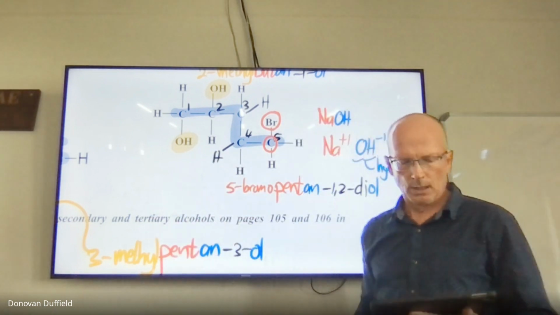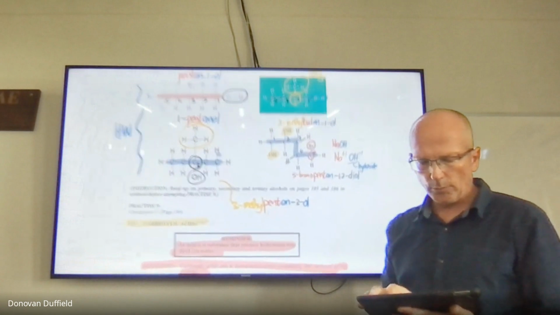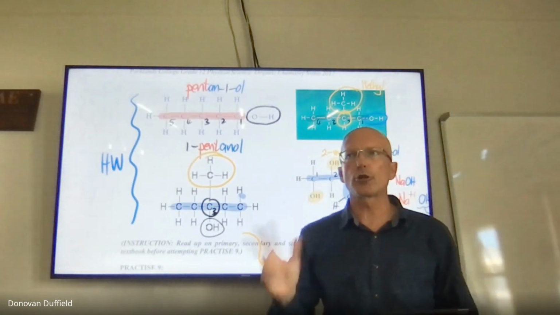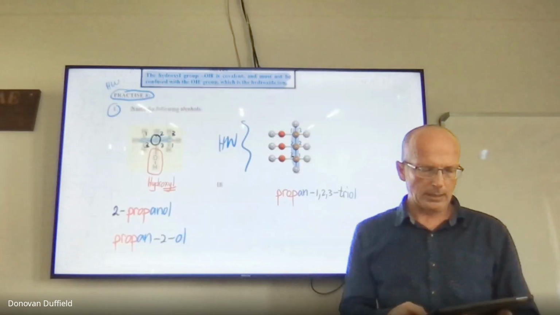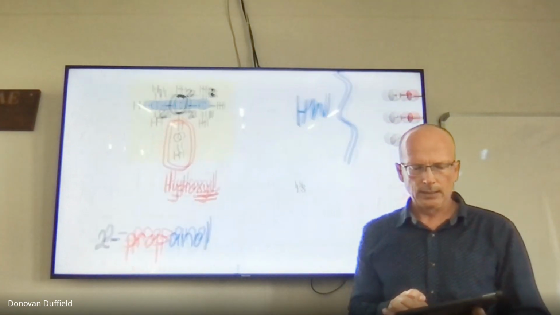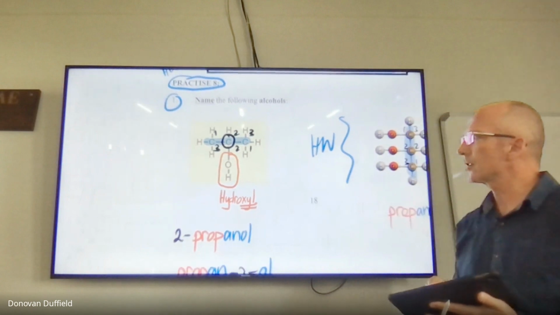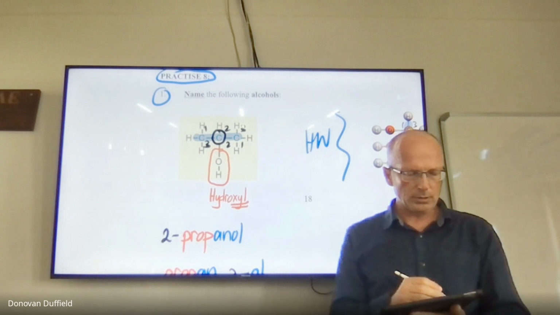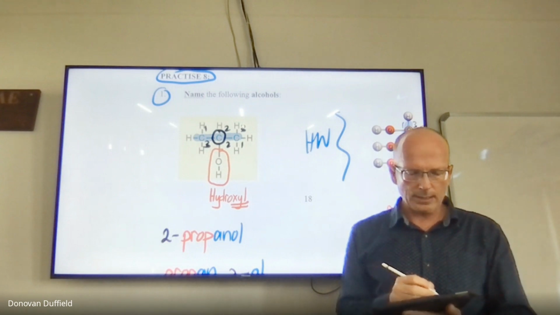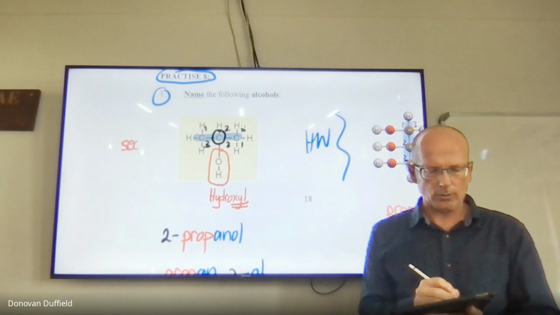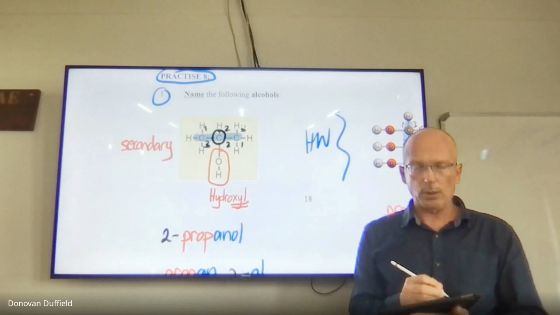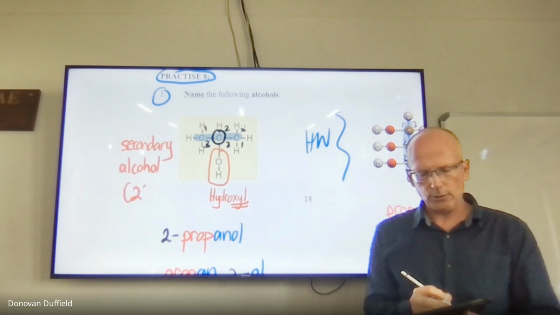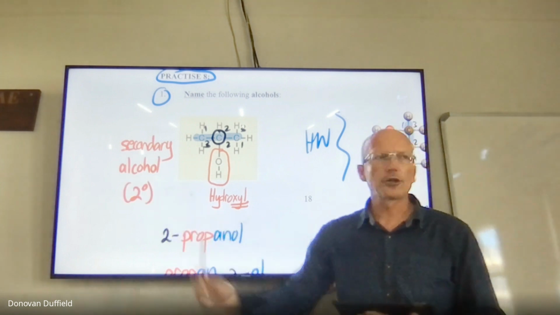Now, before we move on to carboxylic acids, I want to talk about primary, secondary, and tertiary alcohols. Let's go back here, and I want to see whether you can see what the pattern is. I am going to tell you that this is a secondary alcohol, which I'm going to abbreviate as 2 degrees.